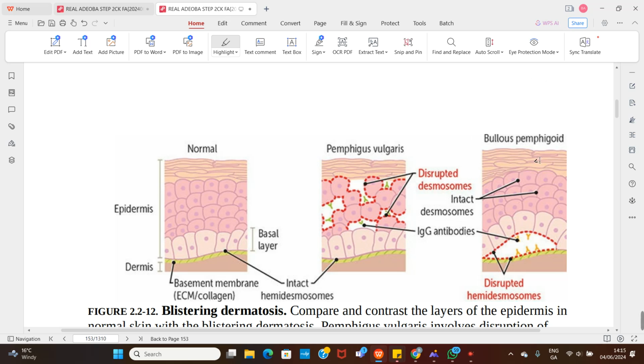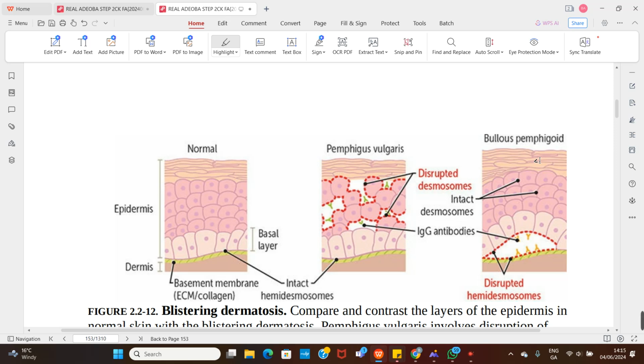So if you can't remember it finally, just calm down in your exam and look at the mental picture. Which one affects the lower structure? That is your bullous pemphigoid. So that means that you won't see row of tombstones because your basal layer, your stratum basale, will be elevated. While your pemphigus vulgaris affects the proximal structure.